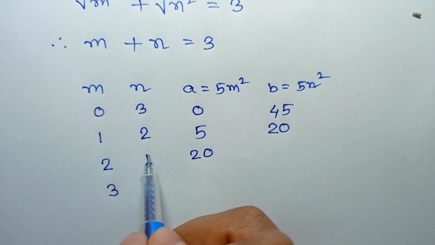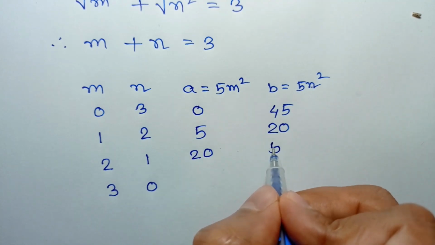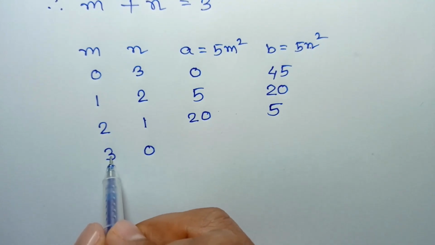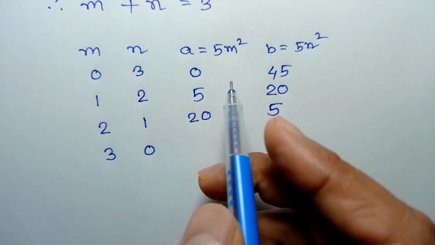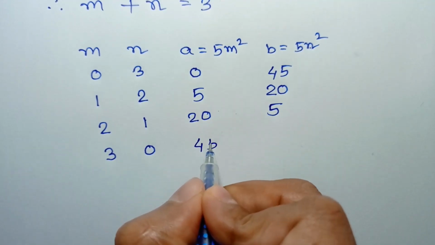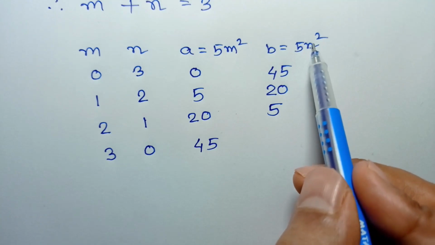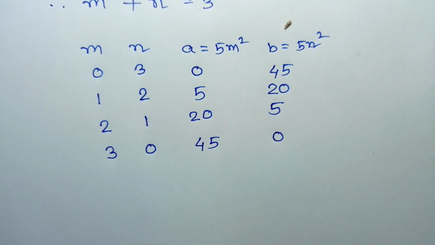And when n is equal to 1, then 1 square is 1 times 5 is 5. And when m is equal to 3, then 3 square is 9, 9 times 5 is 45. And when n is equal to 0, then 0 square is 0 times 5 is 0.